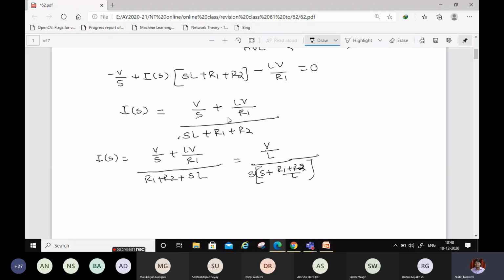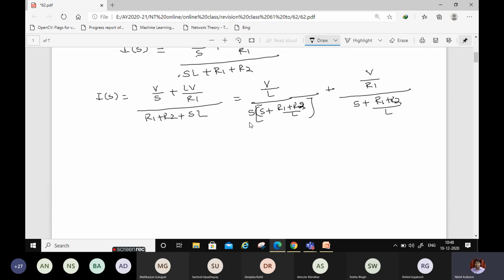I have divided both numerator and denominator by L so that I can cancel this out. This S will come down here, this L will cancel out, then plus V by R1 whole divided by, again, S plus R1 plus R2 divided by L. Is that clear now?